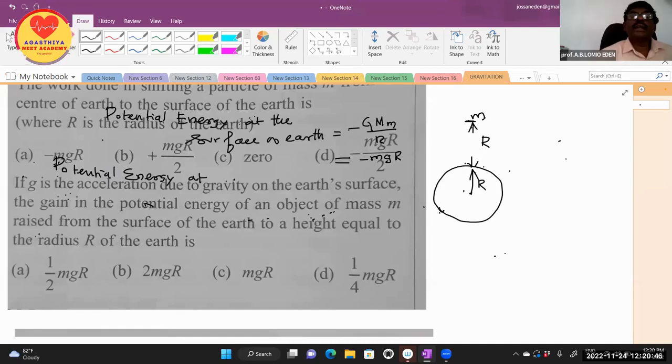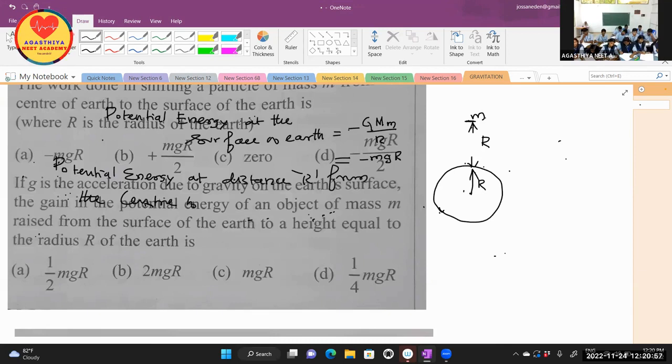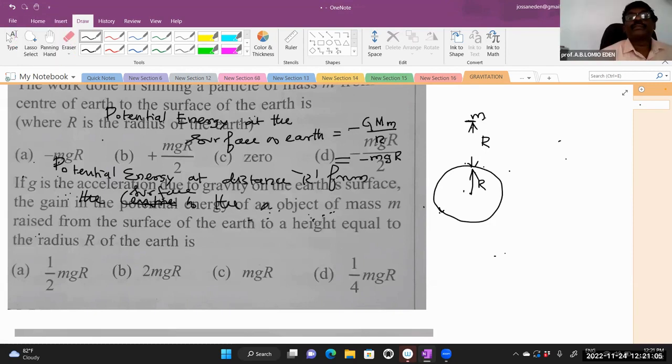Potential energy at a distance R from the surface of the earth: minus G capital M small m divided by the height from the center.